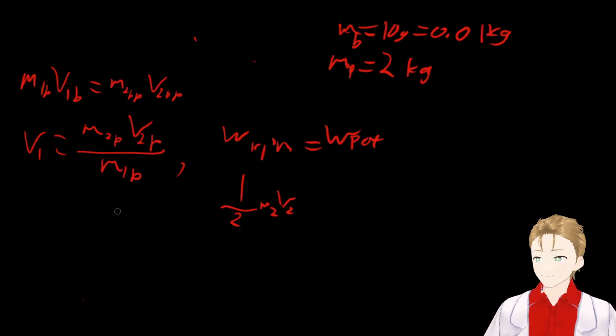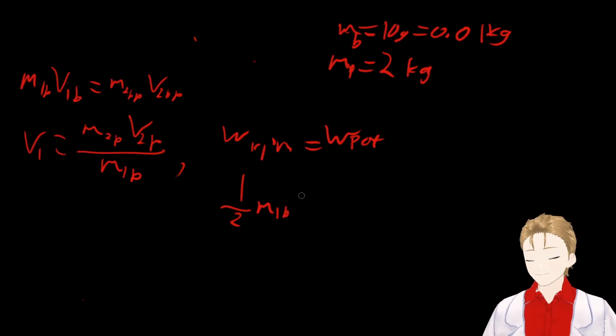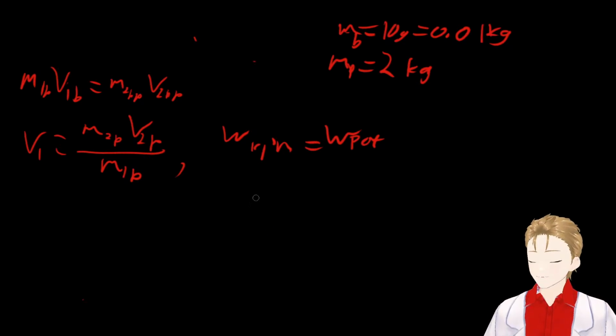How did I previously come to the square root of 2gh?